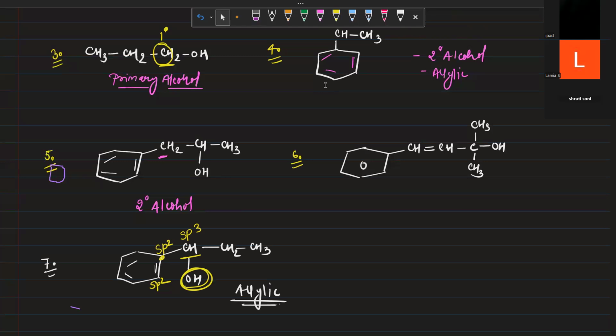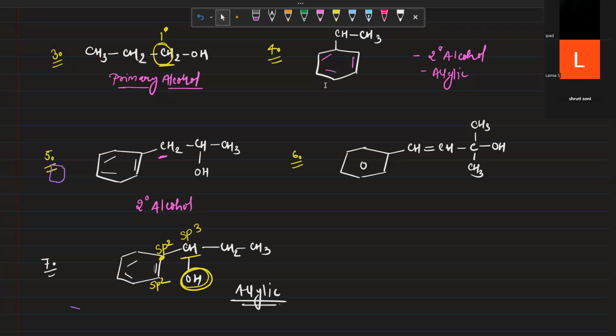And then vinylic is when OH is attached directly to the sp2, right? Yes. Okay, that's more clear now.